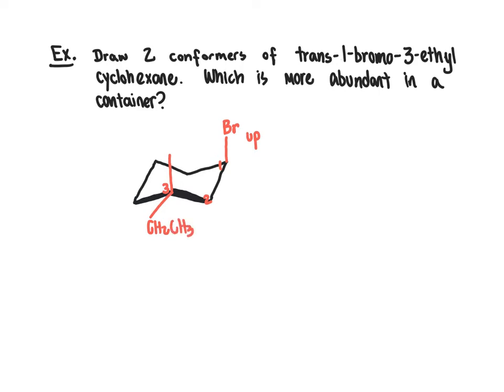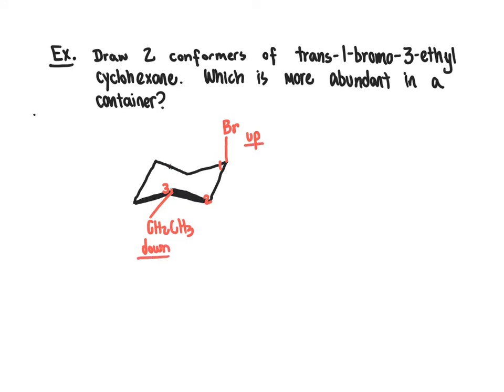And I'm going to go back and erase that axial bond that I've shown there, since we're drawing an abbreviated form of this molecule, not showing the hydrogen atoms. Therefore, I don't really need that line. I'm just showing the groups that are actually present. And these two groups that we've shown would certainly be trans to one another, because the bromine group we pointed upward relative to the carbon it was on, and the ethyl group we pointed downward relative to the carbon atom it was bonded to. So one's up, one's down.